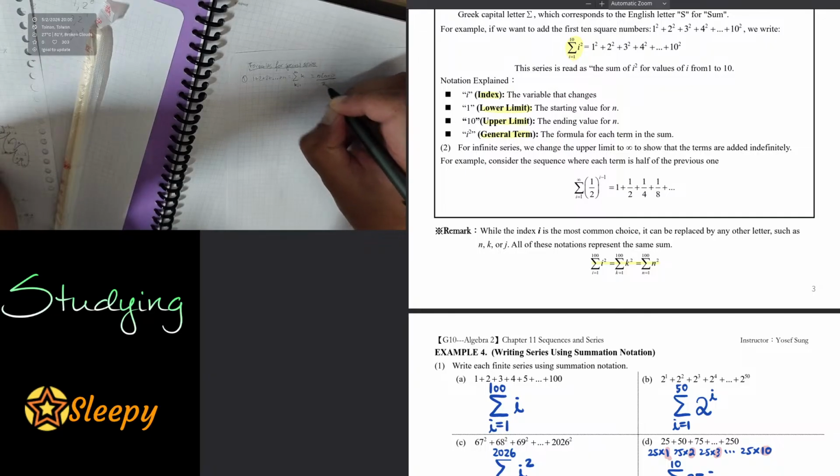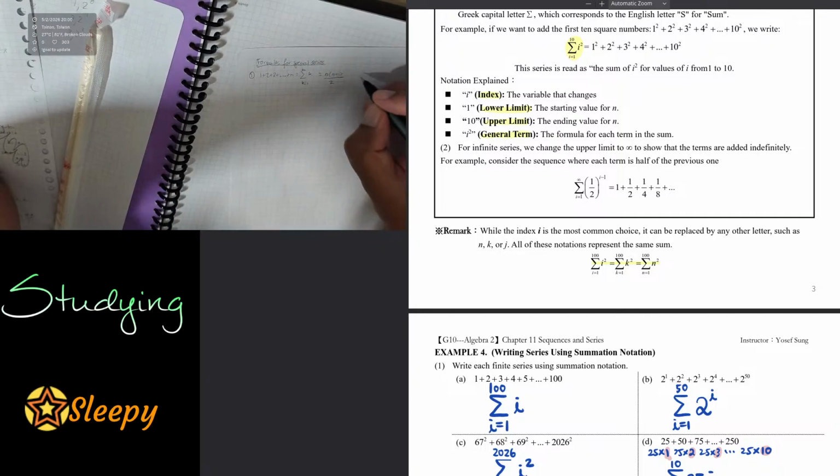Oh, this is the sum. Oh, okay. So it's 1, 3, 6.